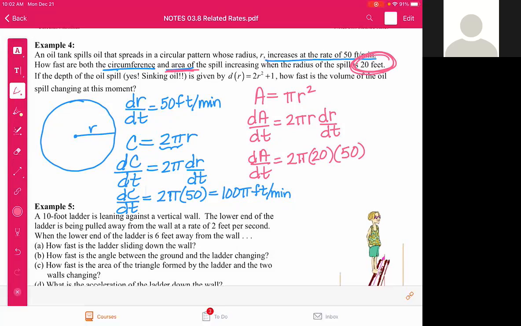So this will be 1,000 times 2, 2,000 pi. And this is area now, how area is changing, so this will be feet squared per minute. 2,000 pi feet squared per minute.